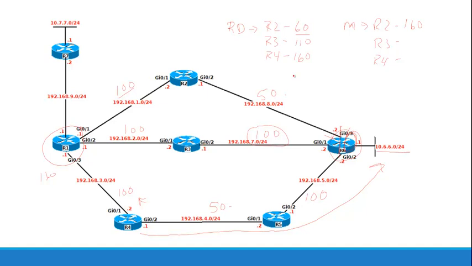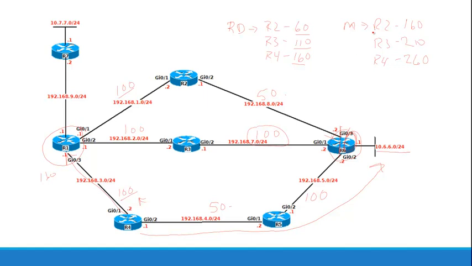If I go through R3, the reported distance is 110, and the metric will end up being 110 plus 100, so it'll be 210. And then if I want to go through R4, what does that metric end up being? It ends up being the reported distance that R4 told me it took it to get to the network, which is 160, plus the distance from R4 to R1. So it'll be 260.